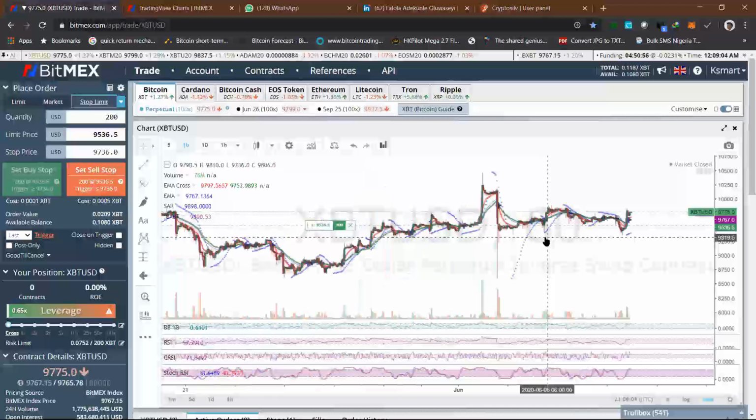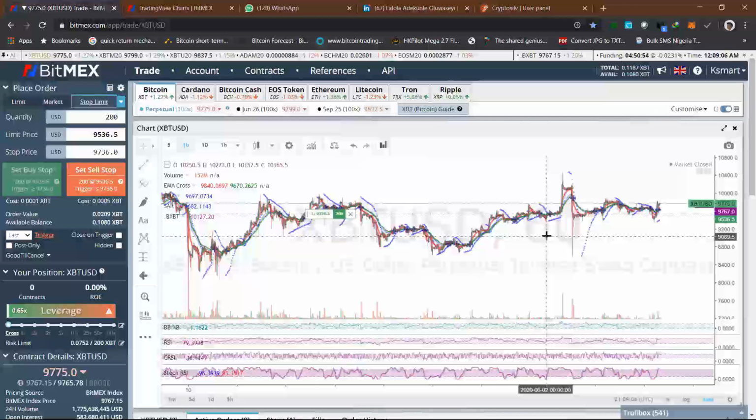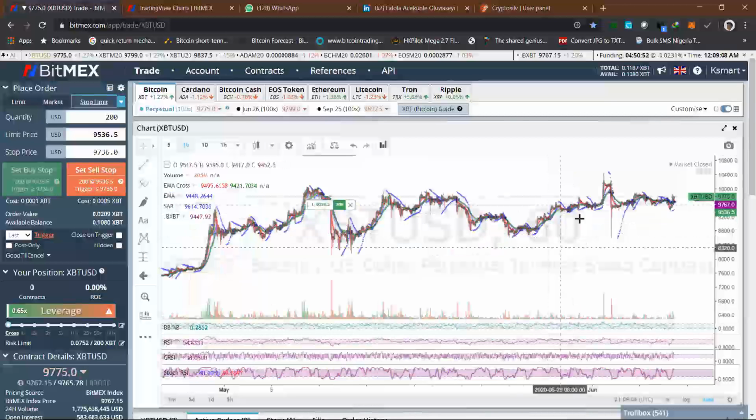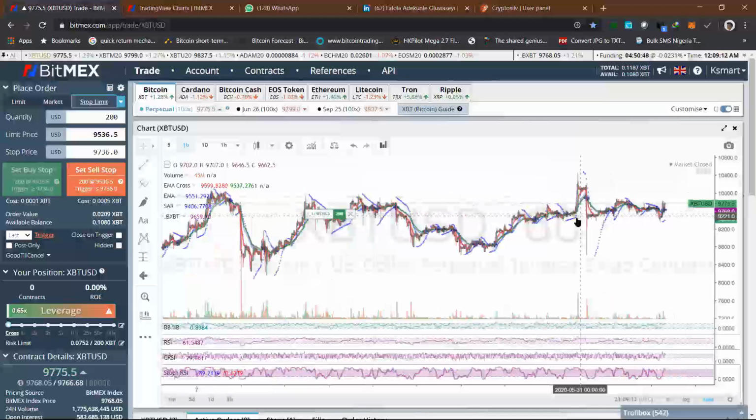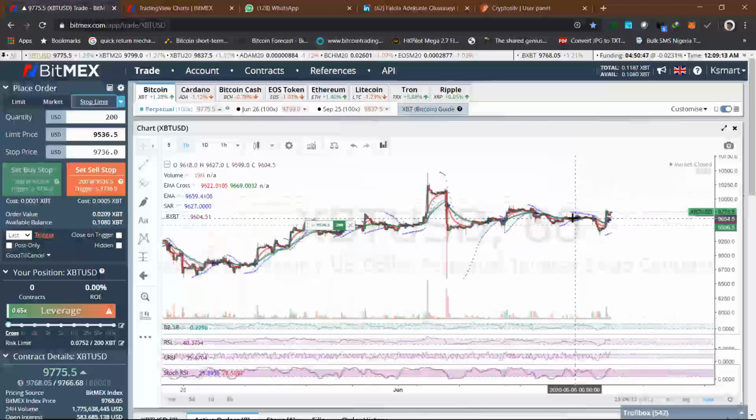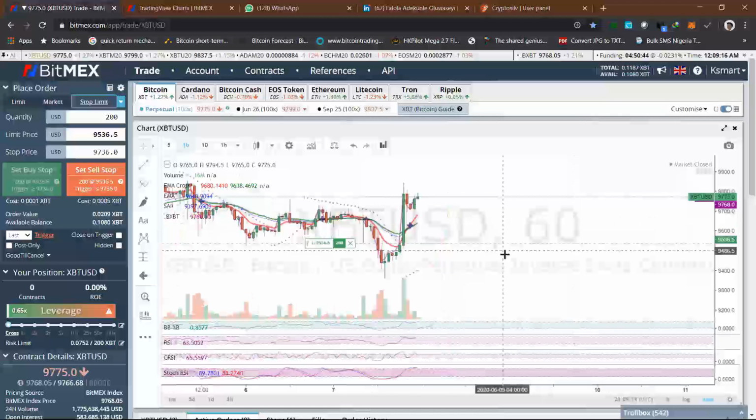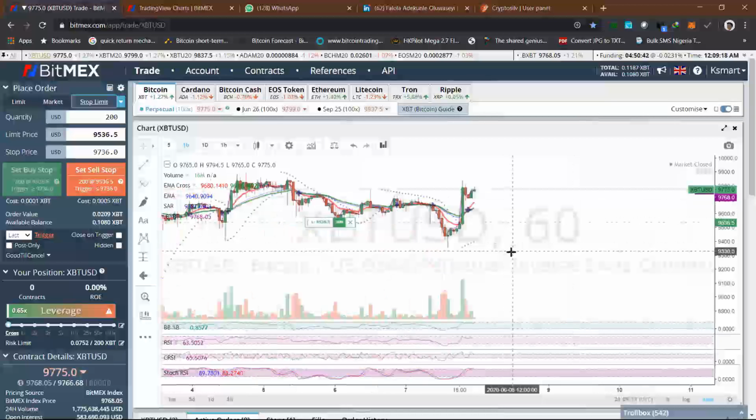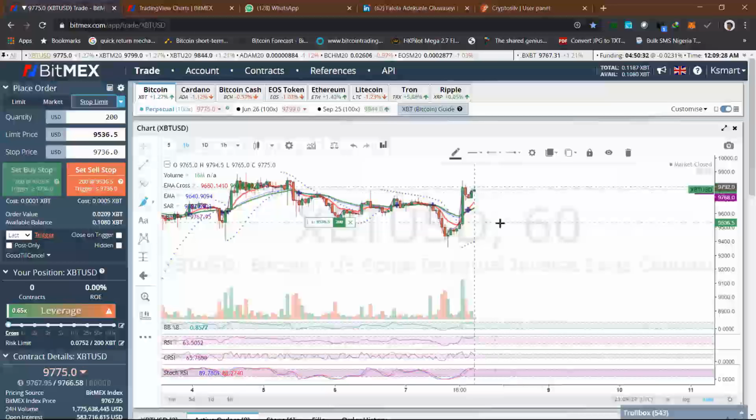Now go on the long term, realize we have a support around 9,002. So I'm going to place my stop loss below the support region. The reason being that if you place it very close to the support region or on it, the price can actually come down like this and hit your stop loss.